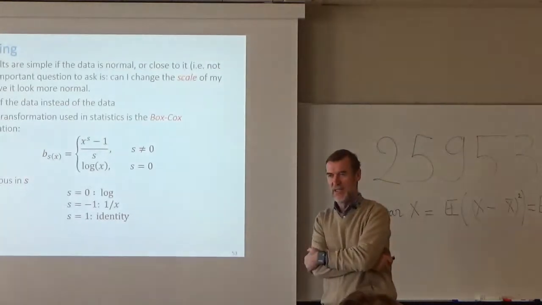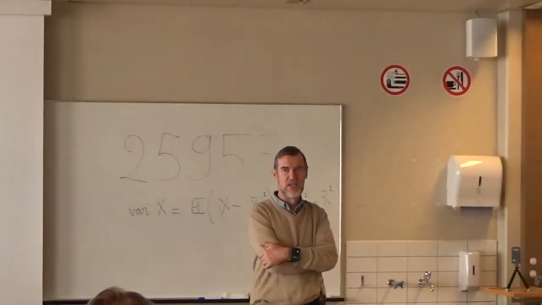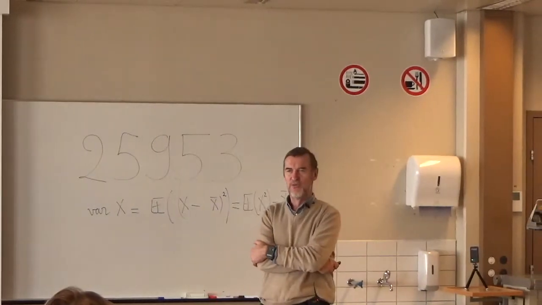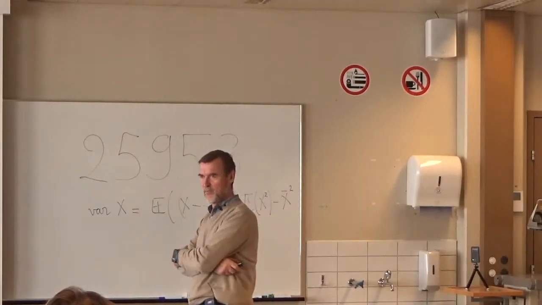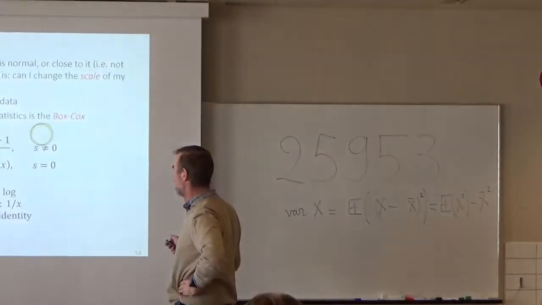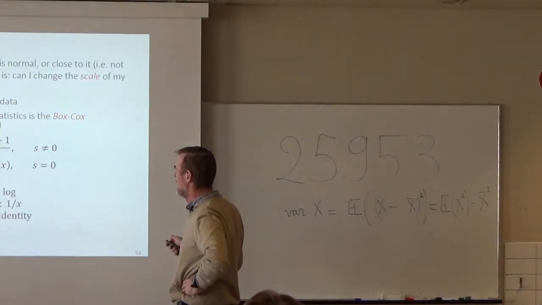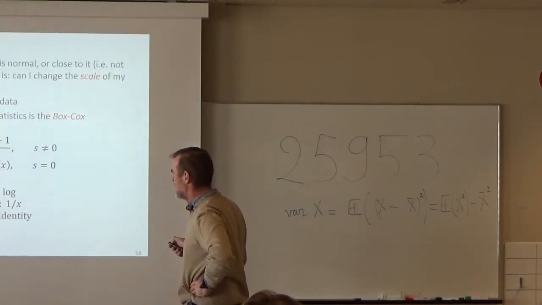One trick that is often used, and that is worth thinking about, is whether we should rescale the data. There's a family of rescalings that is very often used in statistics. That's called the Box-Cox transformation, which is essentially a power transformation.